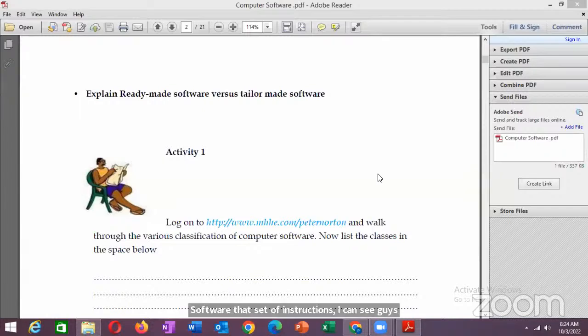You can see from your screen the way you are answering. The chat box is on the screen, so I think you can see. Good, at least everybody should attempt.